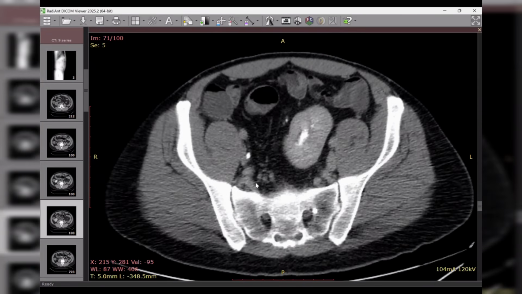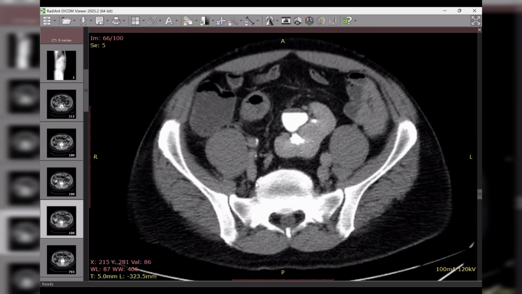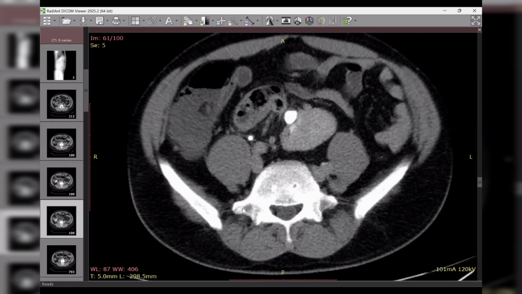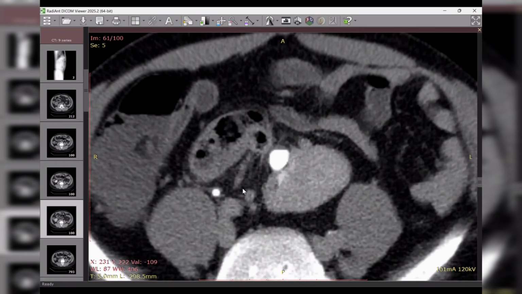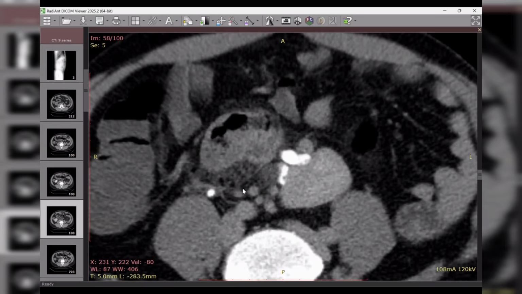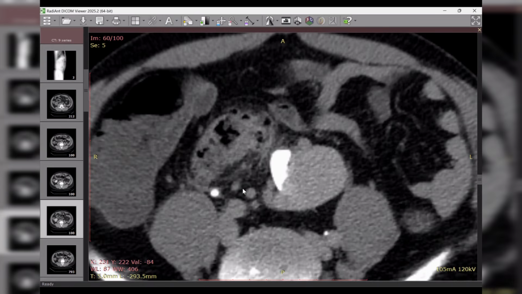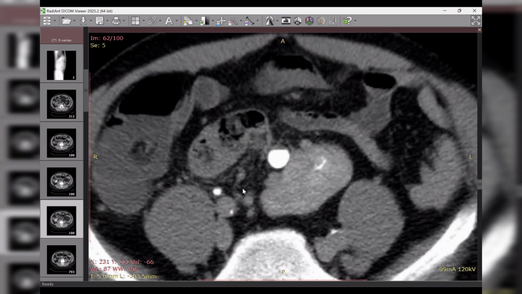The contrast can be seen reaching the urinary bladder, and I want to see if any of the contrast is going into the colon, which I cannot see. So there is no communication. Yes.